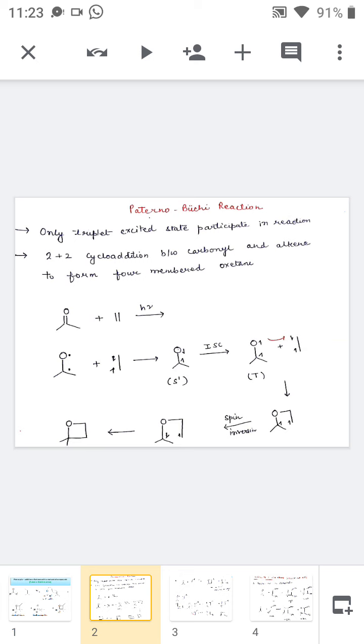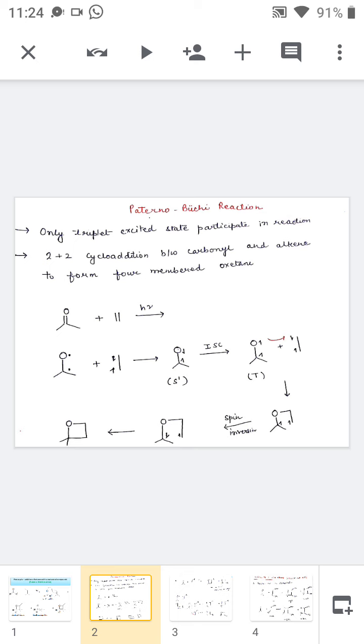See here in this example, the starting material is a ketone and an alkene. Here this alkene is highly unstable because no substituent is present on the multiple-bonded carbons. So during irradiation, the carbonyl group will absorb the radiation and form an excited singlet state, then it forms the triplet state.